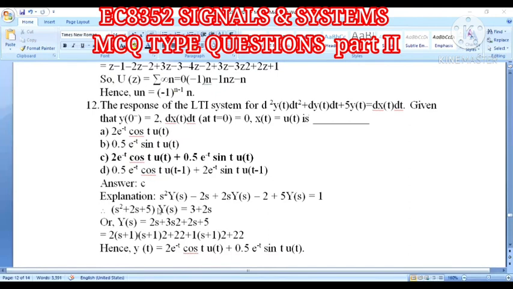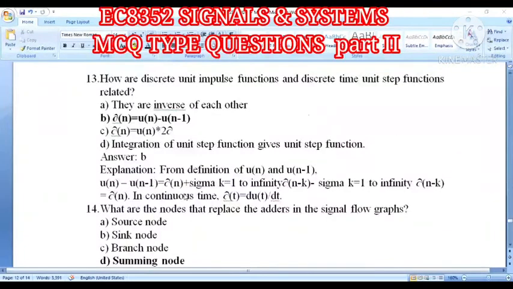So I expand the summation, bring out y of s commonly outside. So s square plus 2s plus 5 into y of s equal to 3 plus 2s. Then y of s equal to, I just move it to the other side, and expand the summation term. Finally, we got this answer. Okay. You do it in your homework notebook.